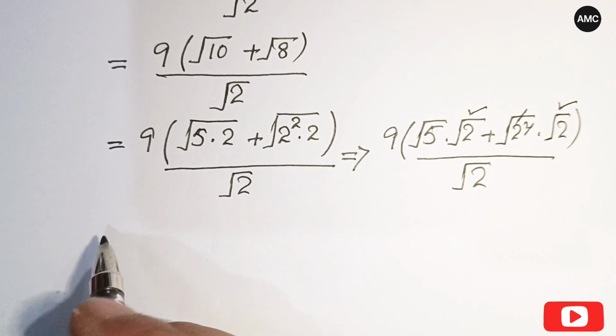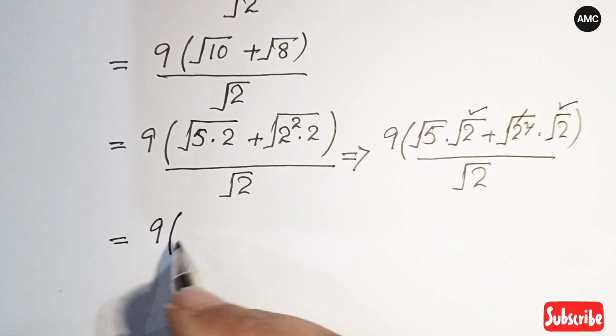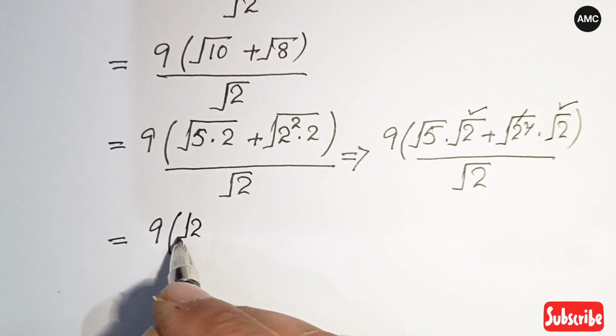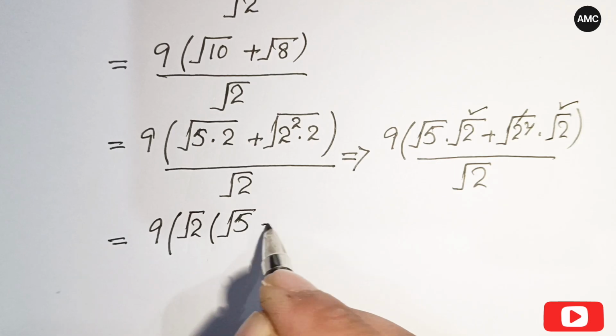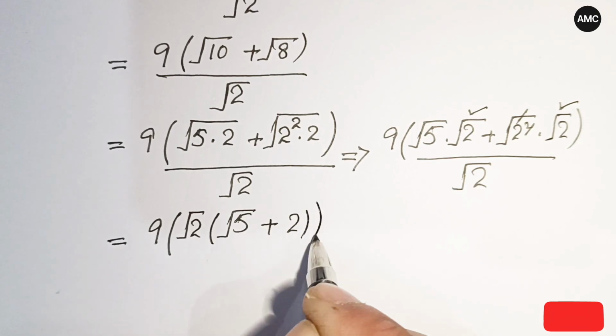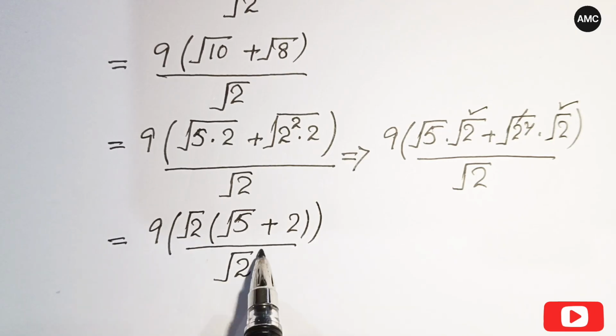So here we have 9 times, if we take square root of 2 as common, then we will get square root of 5 plus 2 all over square root of 2. Now this square root of 2 and this square root of 2 are cancelled out.